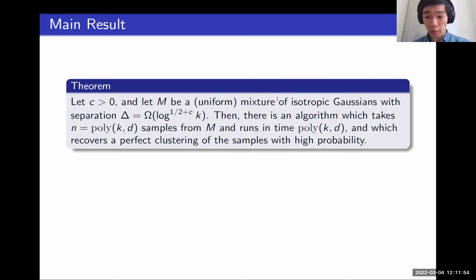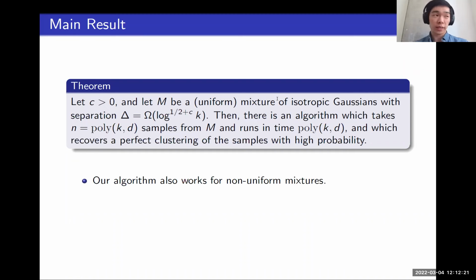Here the positive constant c goes in the exponent of the polynomial, but if c is like 0.1, this is polylogarithmic separation and it runs in a fixed polynomial time. We're tolerating an exponentially better separation than previous works, because previous works needed k to the epsilon separation, but now we're doing polylogarithmic separation.